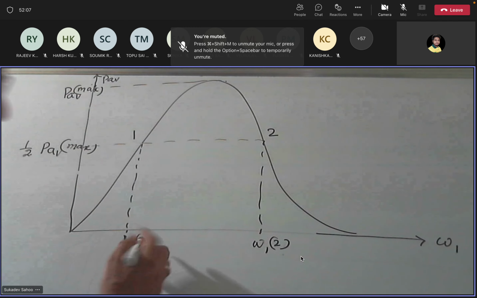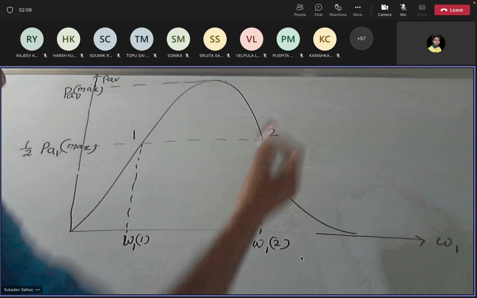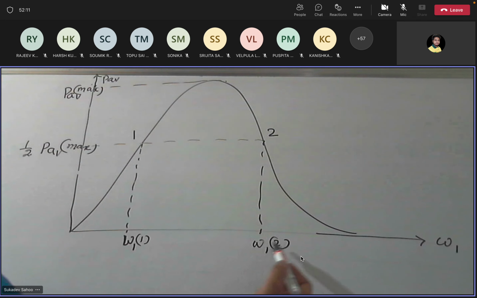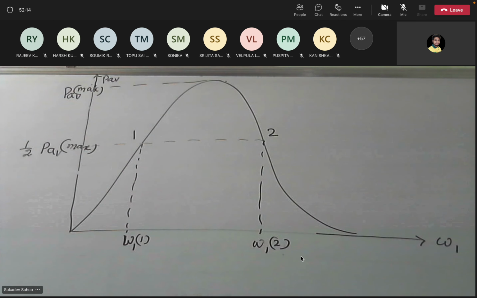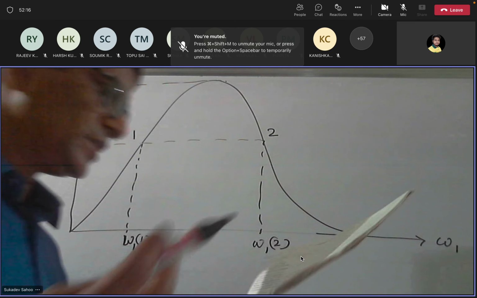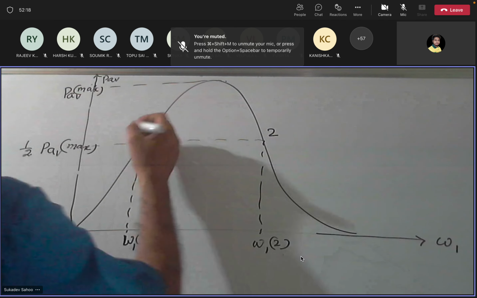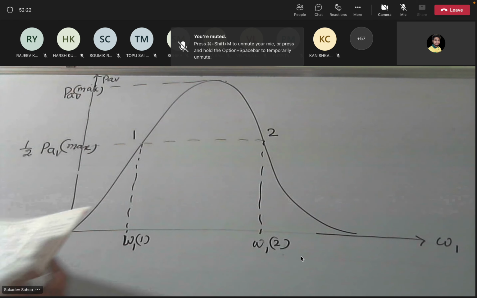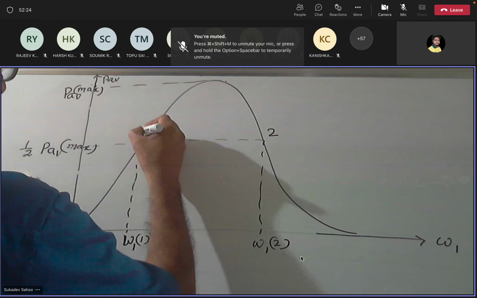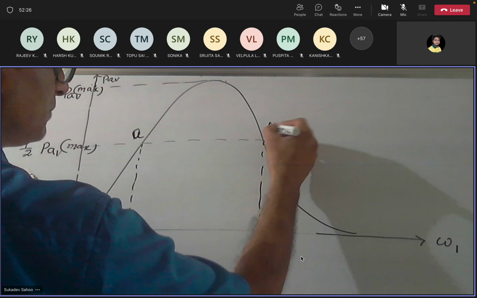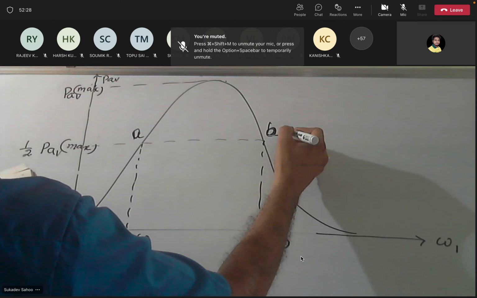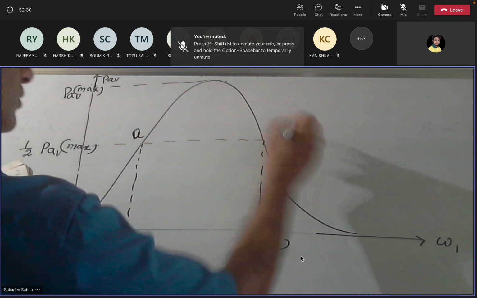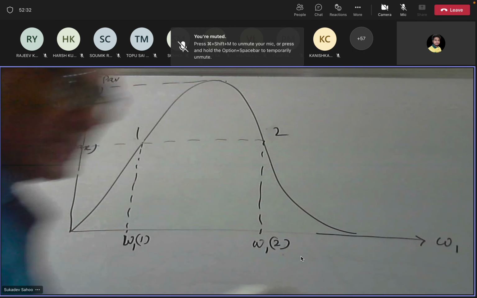Or in some books it is written as A, B, omega 1 A minus omega 1 B. As you like. If you write 1 and 2, this is okay, or you could say point A, point B.